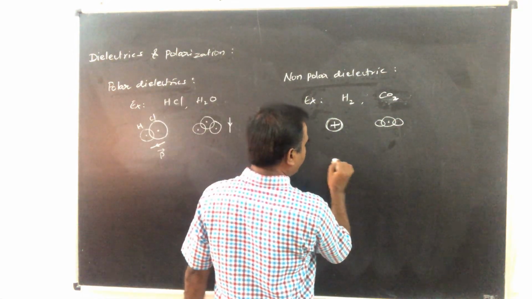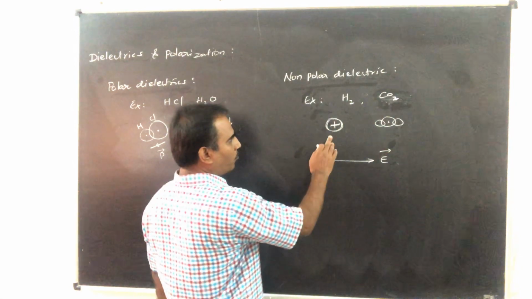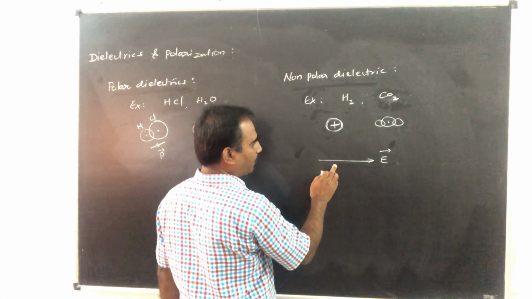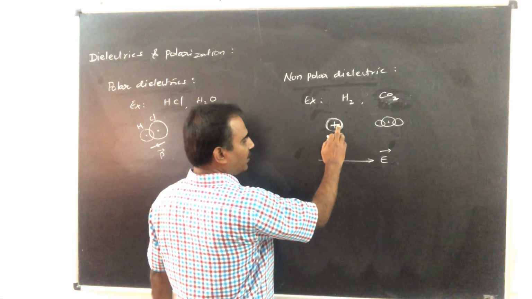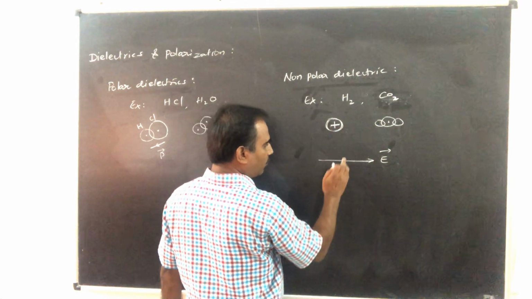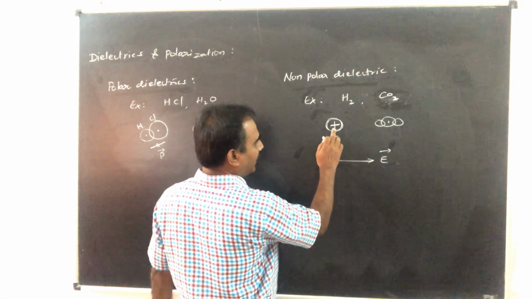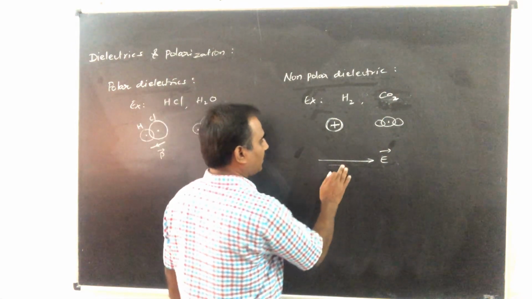But when a non-polar molecule is kept in an external electric field, because of this electric field, the positive charge in this molecule gets displaced along the direction of electric field, and negative charge moves opposite to the direction of electric field.